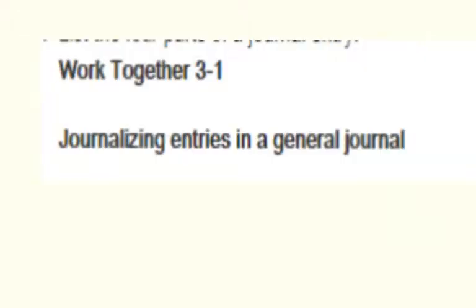So now what we're going to go over is, I know that we have done it on your own in the book, and you've done it on your own, and we're going over it in class. But this video is going to deal with the work together. And the work together starts for 3-1 on page 64. So if you need to turn to page 64 in your workbook, go ahead and find the page in your student workbook.